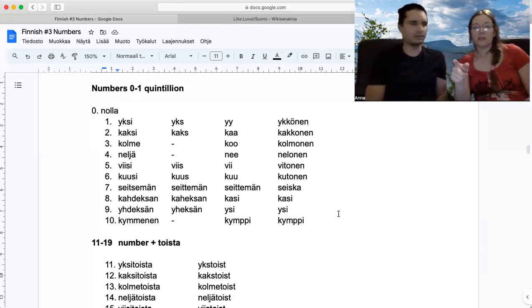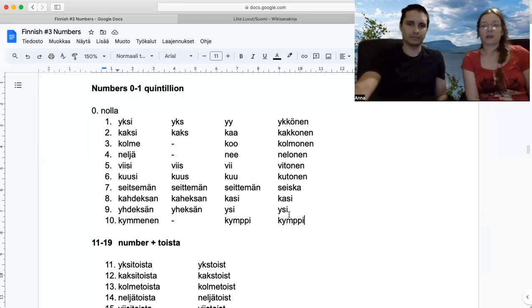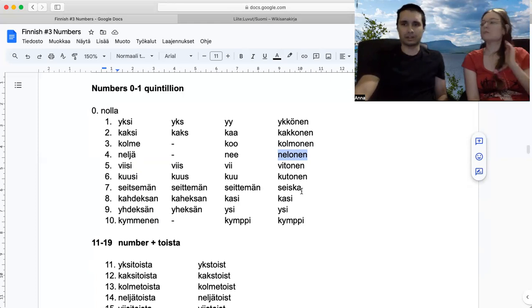You can see these ones in ykkönen, kakkonen, kolmonen, and so on. If you're talking grammar, these are kind of nouns. Yeah, these behave as nouns. So the grades on our, what is this, diploma, certificate. There's another word for that.